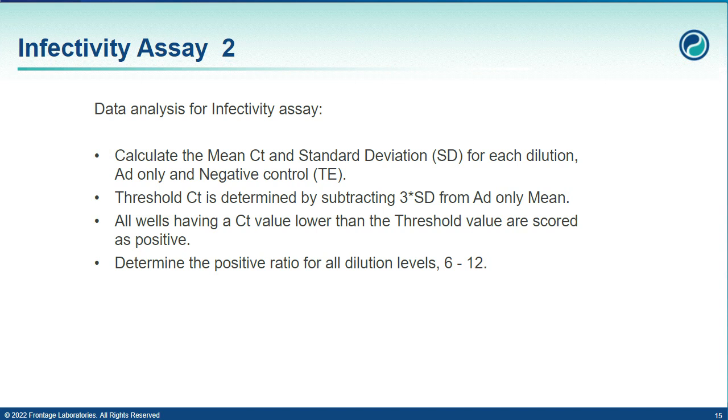The threshold CT is determined by subtracting 3 times the standard deviation from the adenovirus-only mean. All wells having a CT value lower than the threshold value are scored as positive, and determine the positive ratio for all dilution levels from 6 to 12.